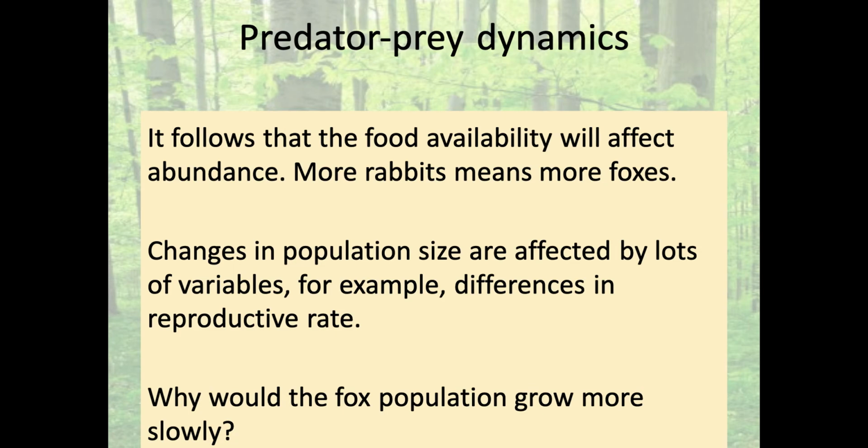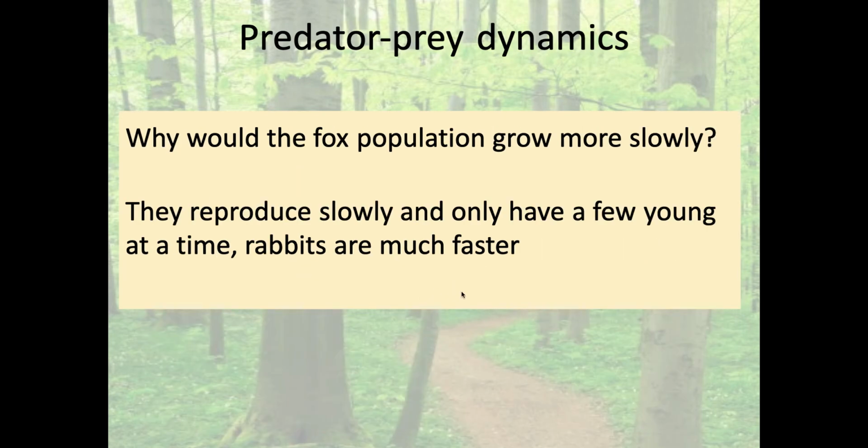So why would the fox population grow more slowly than the rabbit population? Well, partly because they reproduce more slowly and they have fewer offspring at a time.